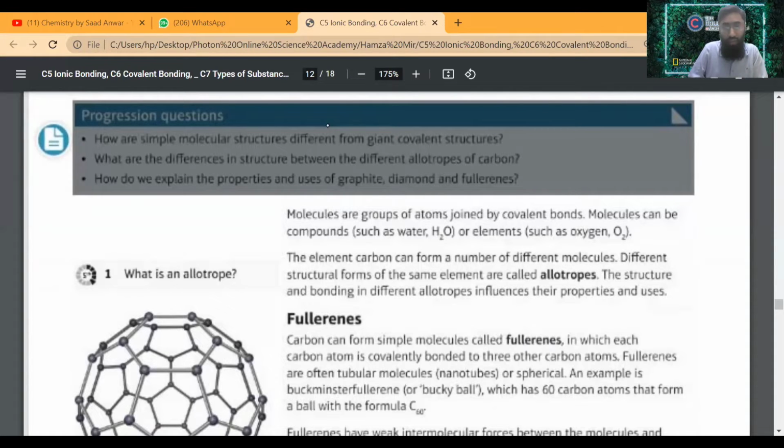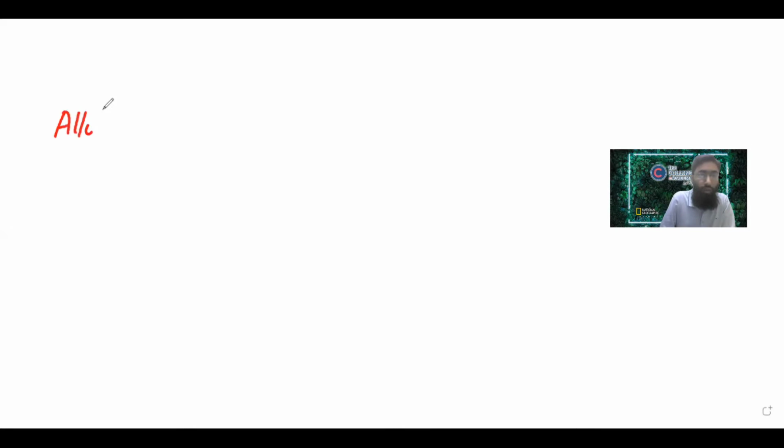Just let me write here the definition of allotropes. Different structural forms of the same element are called allotropes.